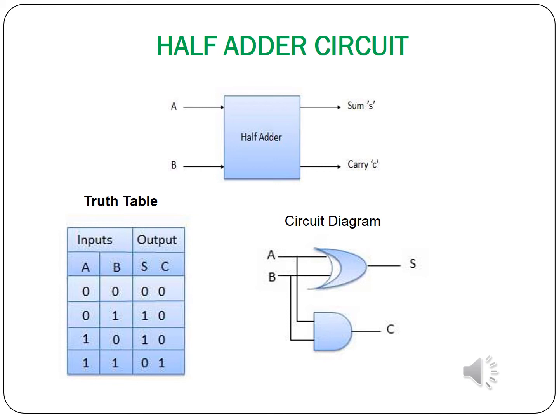At the same time, the carry logic produces 1 because 1 dot 1 is equal to 1. Both inputs are high, so the output is high. This is the operation of the half adder circuit. The half adder circuit produces carry only for the 1 1 combination of input.